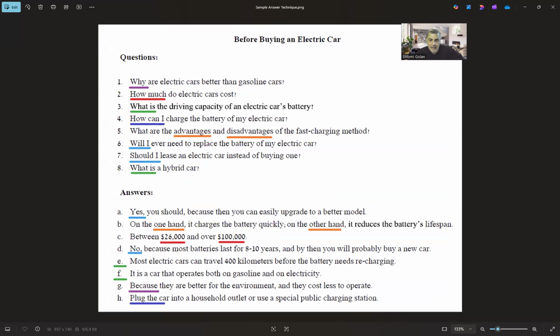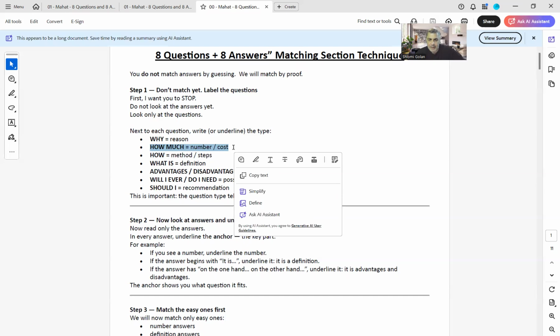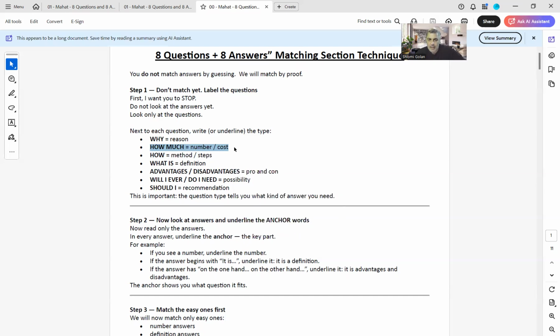What do I mean by they have specific answers? Well, let's take the easy one. How much? Well, how much of something should be a number, a value, nothing else. How much is a bottle of water? Well, it can only be a value, a number.